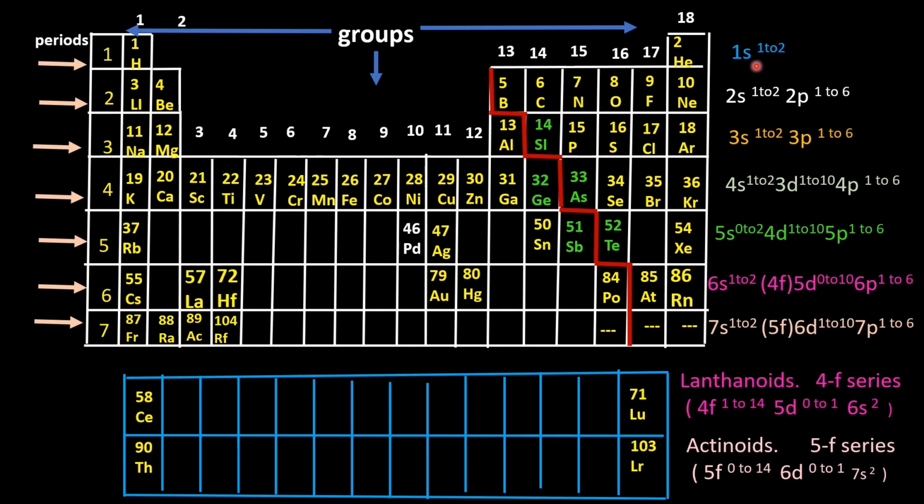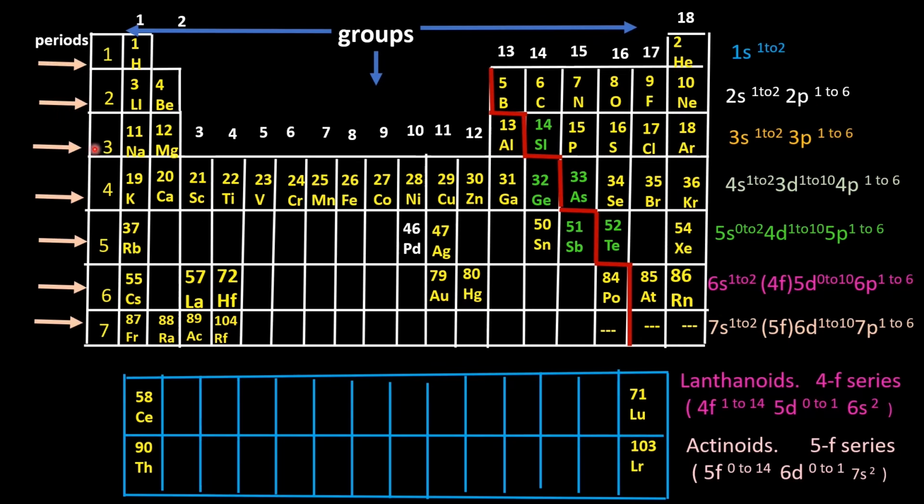Elements in the first period have only one shell and that itself is the valence shell. In the second period, there are 8 elements from lithium to neon. The second period elements have 2 shells and the second shell is the valence shell. And the valence shell electron configuration is 2s1 to 2 and 2p1 to 6.